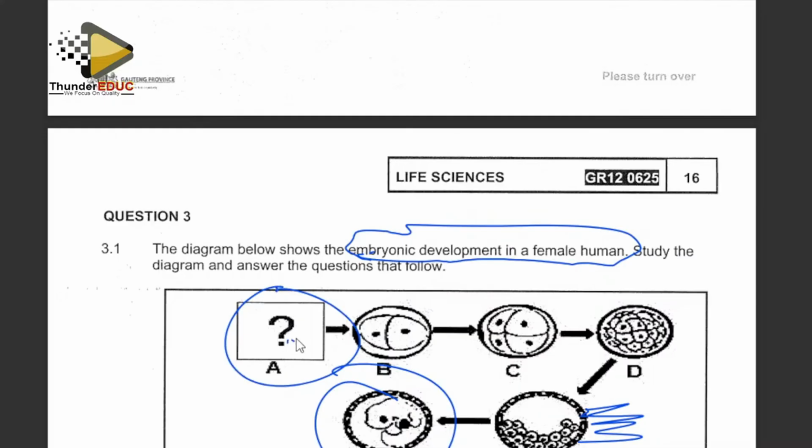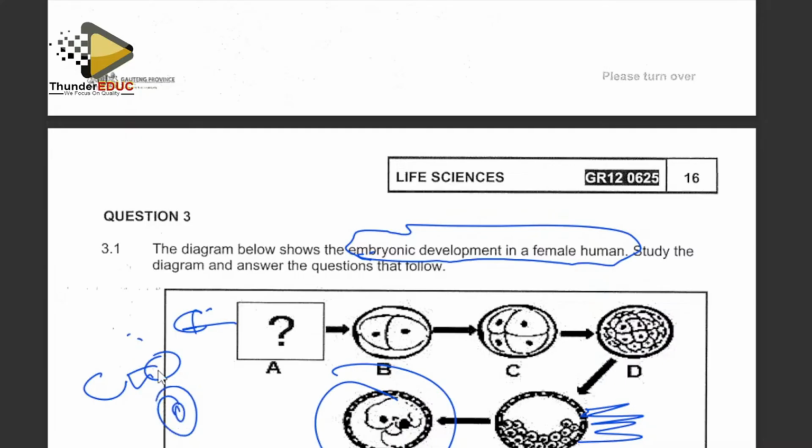Meaning that if you look at the first step, it is the zygote. But the zygote is not a gamete. No, it's the resultant structure when the two gametes fuse. So I have to go back one step so that I find the sperm and the ovum.